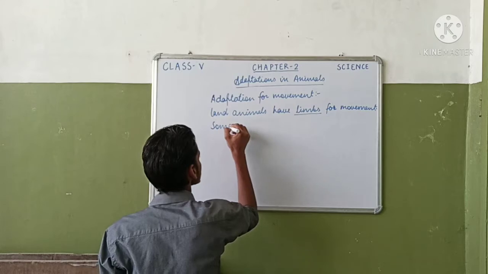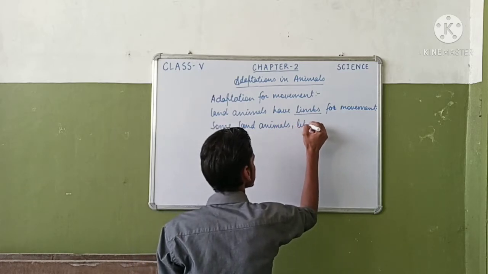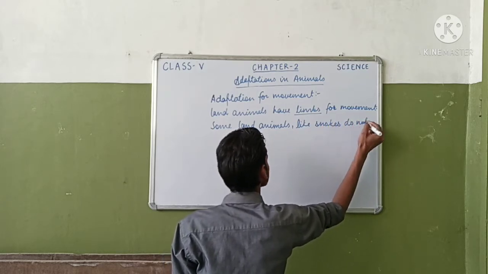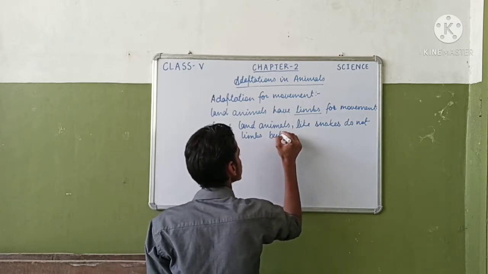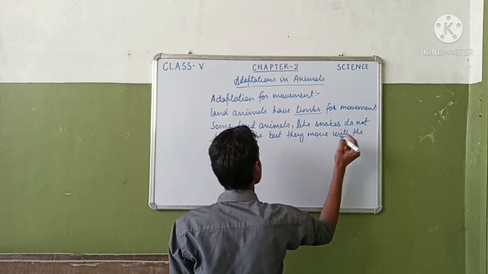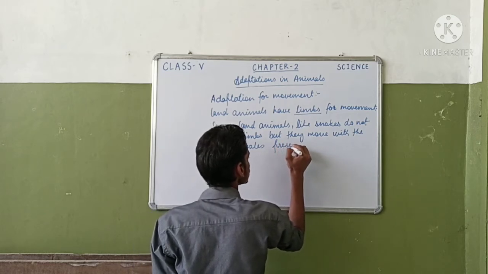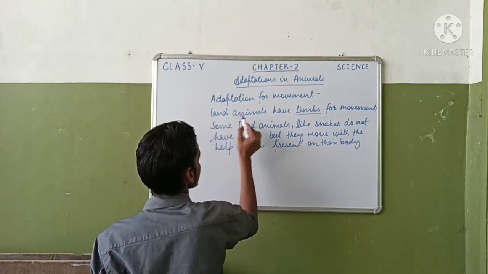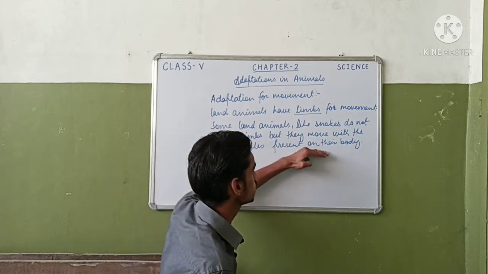Some land animals like snakes don't have limbs, but they move with the help of scales present on their body.